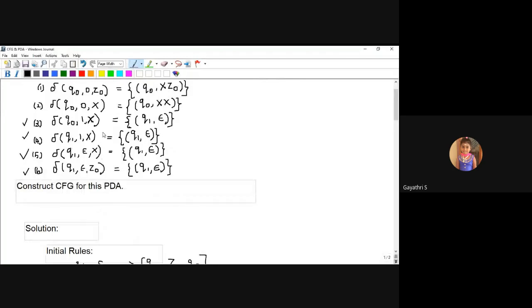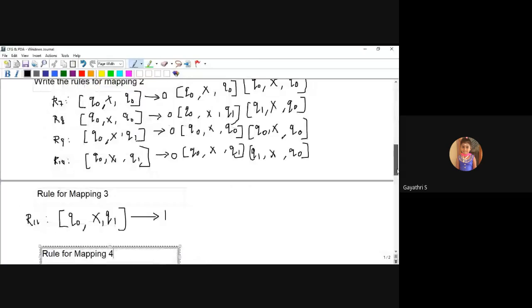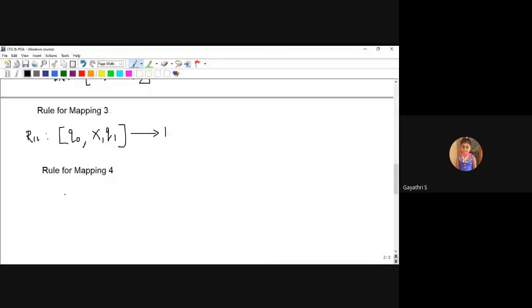Then top of the stack, which is X. Then input alphabet, which is 1. So this is rule number 12. Okay, so rule number 12: Q1 X Q1, which brings 1.